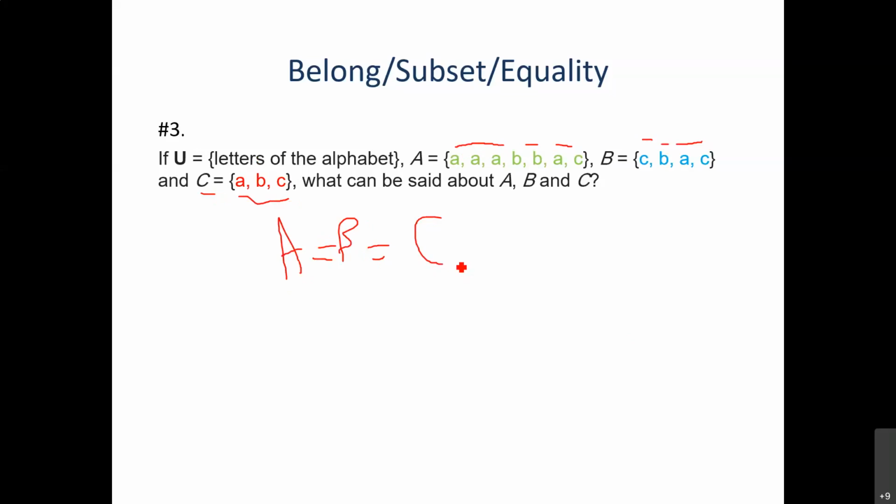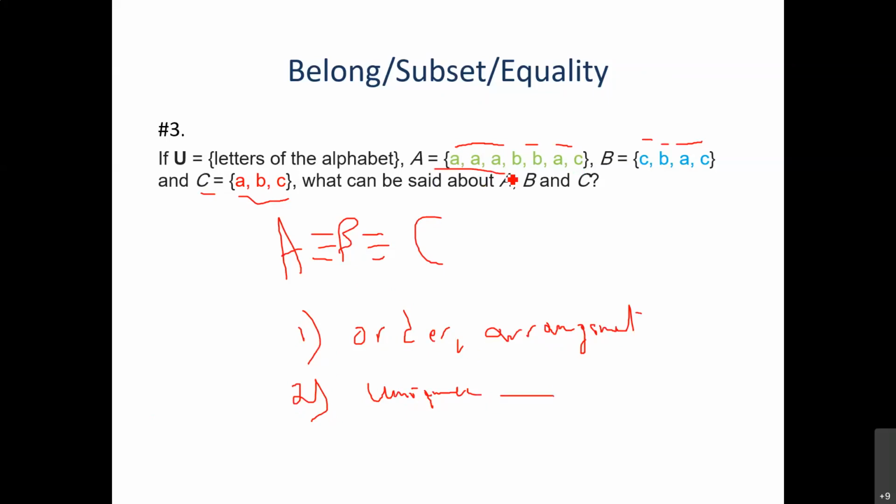Why? Well, there's one thing that we don't care about in sets, and that's first of all the order, the arrangement doesn't matter. And no matter how many times you repeat a certain element, it also doesn't matter because we care about the uniqueness.